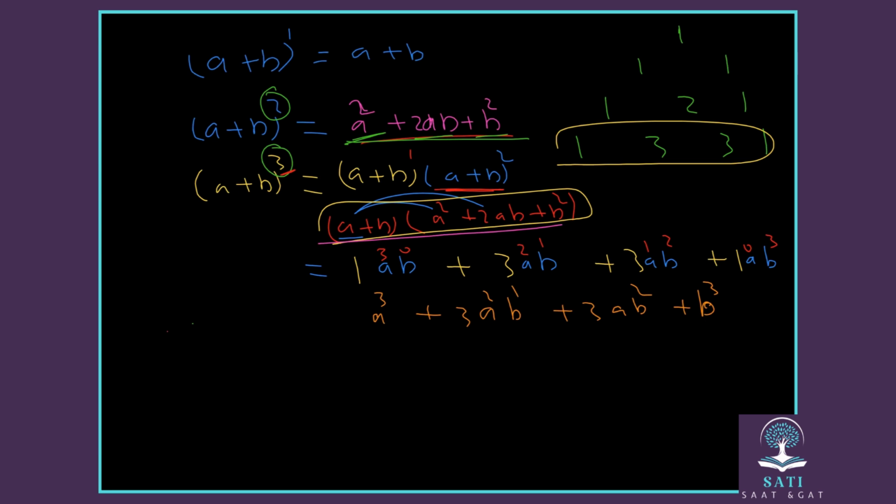We solved this using Pascal's triangle. If your power is 3, 4, or even 5, you can use it. But when the power is 10, imagine drawing this triangle to the 10th or 11th row, it will be too long. So in this case, we have another idea. (a + b) power 3, we can solve in 3 ways.